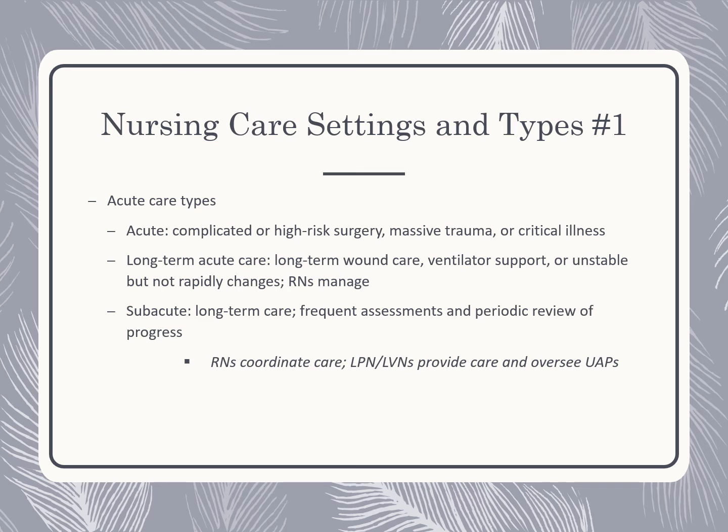As a general rule, a higher client acuity will require a greater need for highly skilled care. Clients that have complicated or high-risk surgeries, massive trauma, or critical illnesses will be taken care of in acute care hospitals that have a high level of professional and skilled personnel employees.